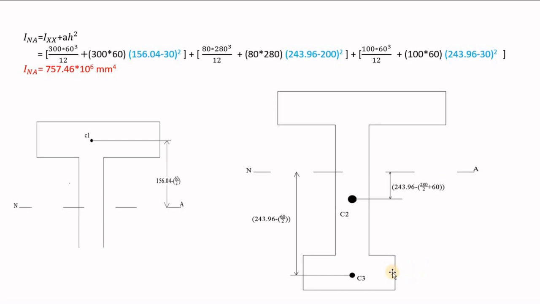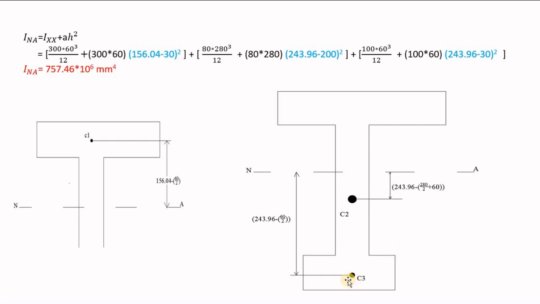This 60 is nothing but this value, because we are going from the bottom, not from the top. So it is this complete value minus 280 by 2 plus 60. This value will give you the distance between the centroid of this element and the neutral axis.